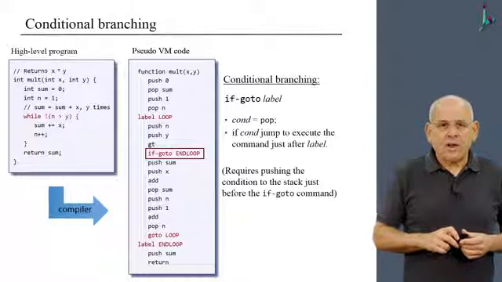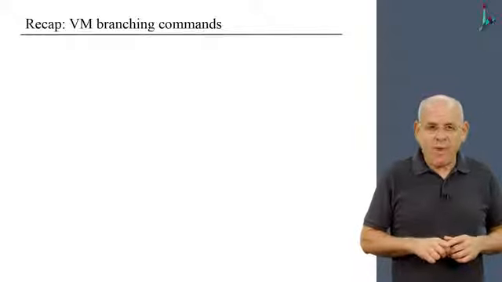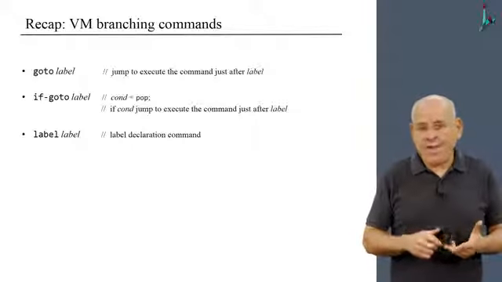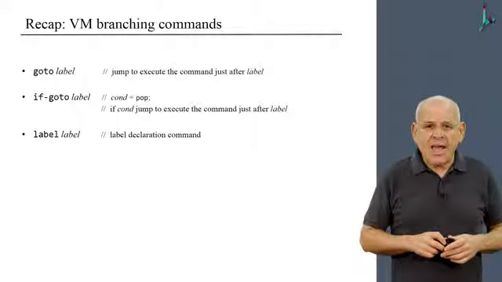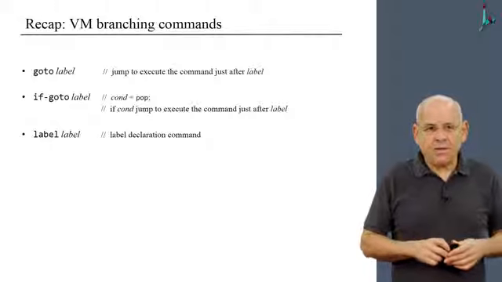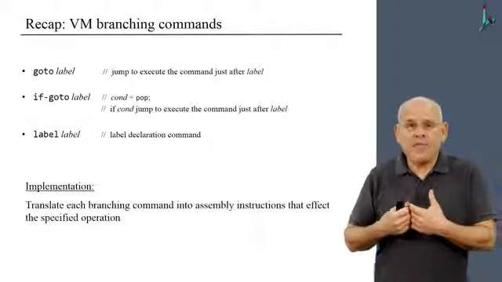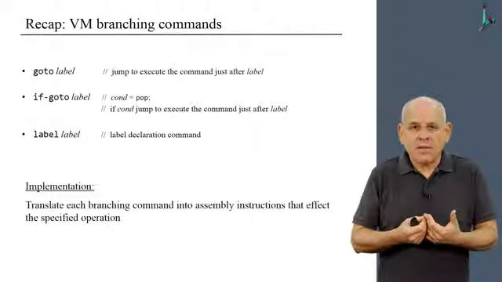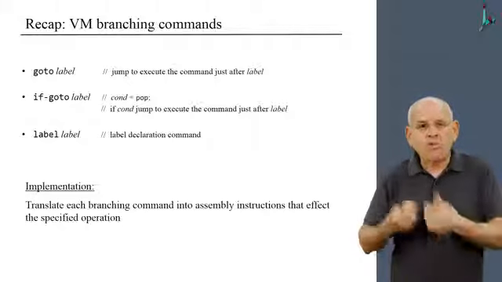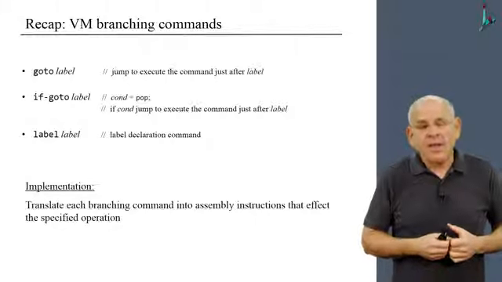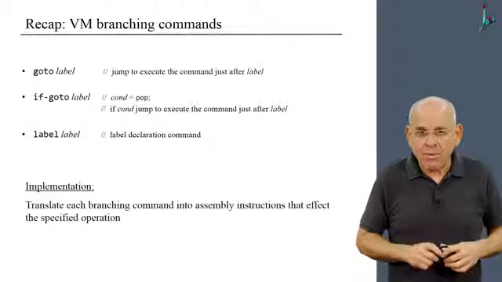All right, so to recap, we have three branching commands: goto, if-goto, and label, without which we could not generate all these labels. And the implementation of these commands is such that when the VM translator will be asked to implement these commands or to realize them, it will have to generate assembly code that effects the same go-to operations in assembly.